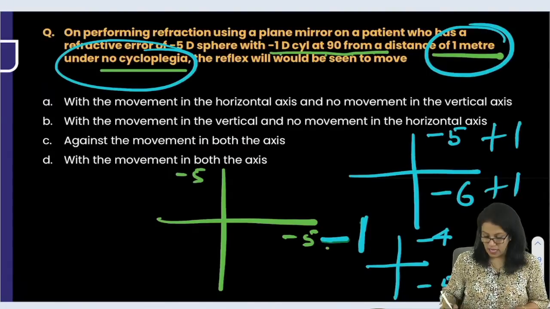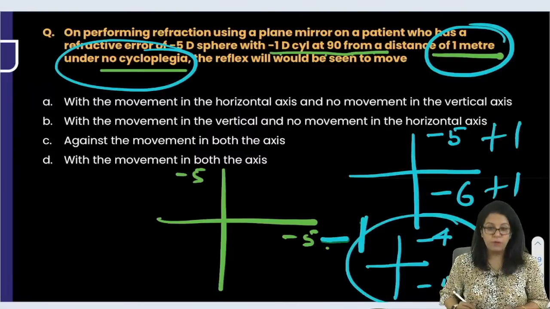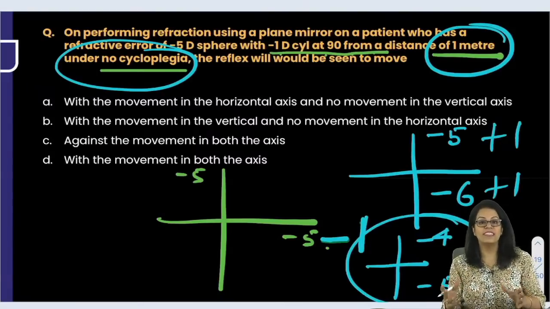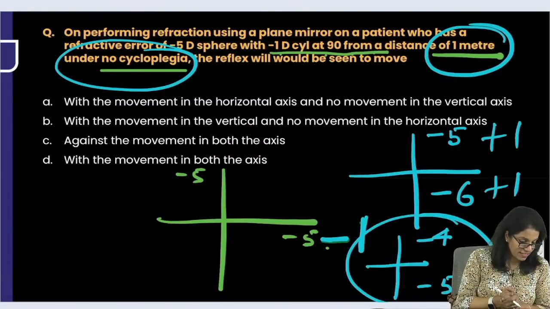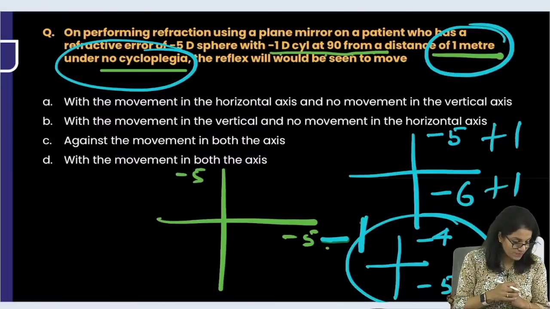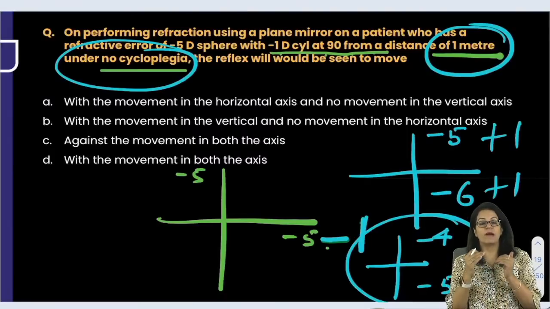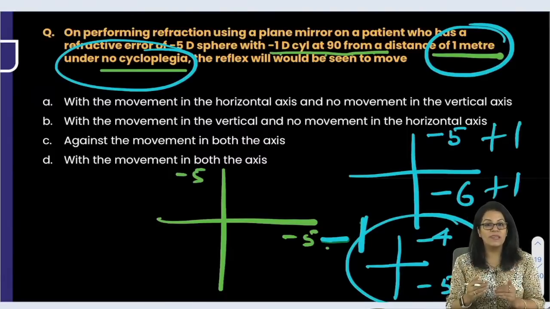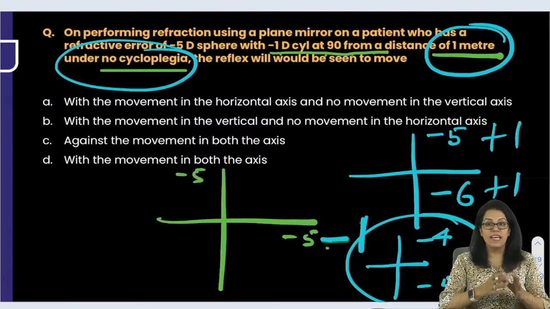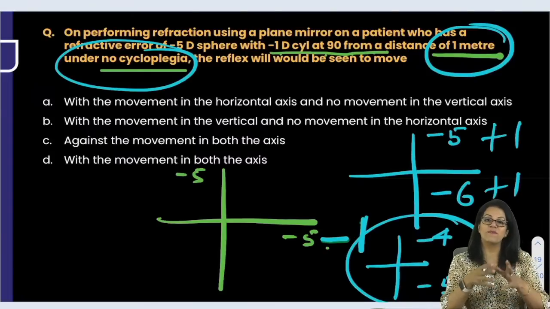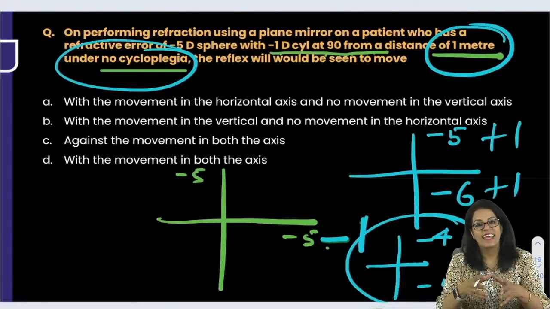So both these minuses are myopia of more than 1. We all know this: when you say myopia more than 1, it is against the movement. Less than 1, or if it is hypermetropic or emmetropic, then it is with the movement, and no movement means equal to 1.